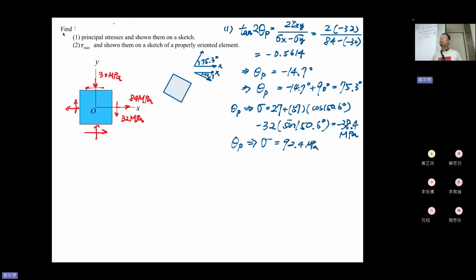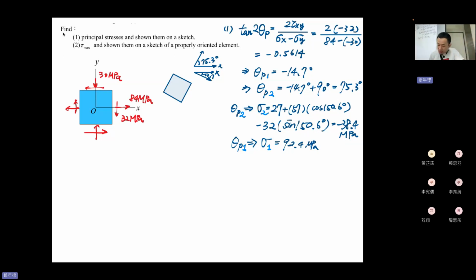Okay, so it is clear that the first one is 2, the other is 1. So this is theta P2, and this is theta P1. That's how we determine 1 or 2, just based on the value.